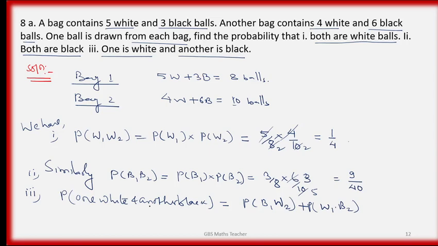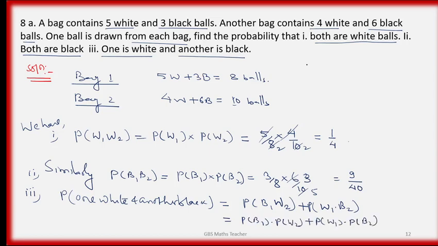पहिलोमा ब्ल्याक आउँदा दोस्रोमा व्हाइट आएको केस पनि भयो, पहिलोमा व्हाइट र दोस्रोमा ब्ल्याक आएको केस पनि भयो. मैले B1 W2 बनाए. यो इन्डिपेन्डेन्ट भएको हुनाले प्रोडक्ट हुन्छ, हामी यही थाहा पाइसक्यौं. अब यो probability of B1 into probability of W2 plus probability of W1 times probability of B2.